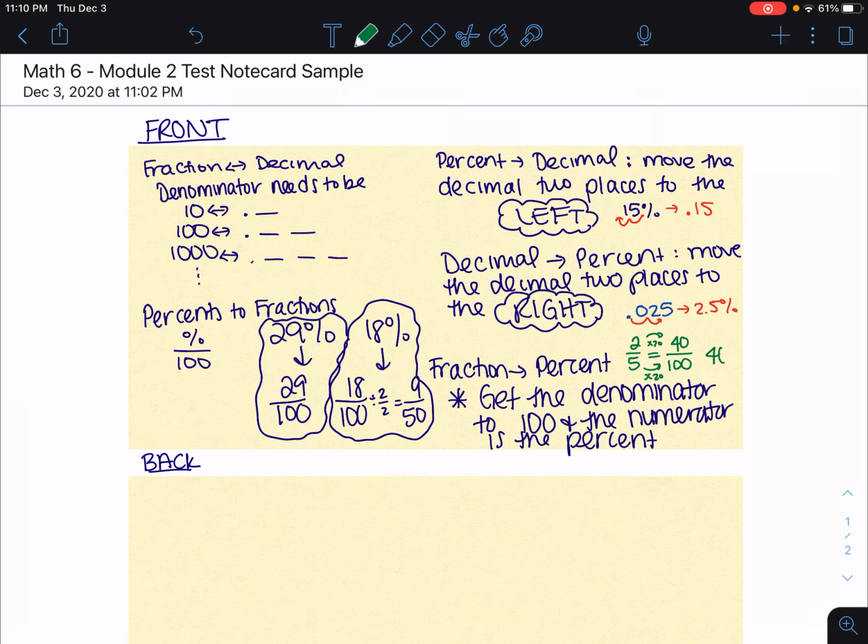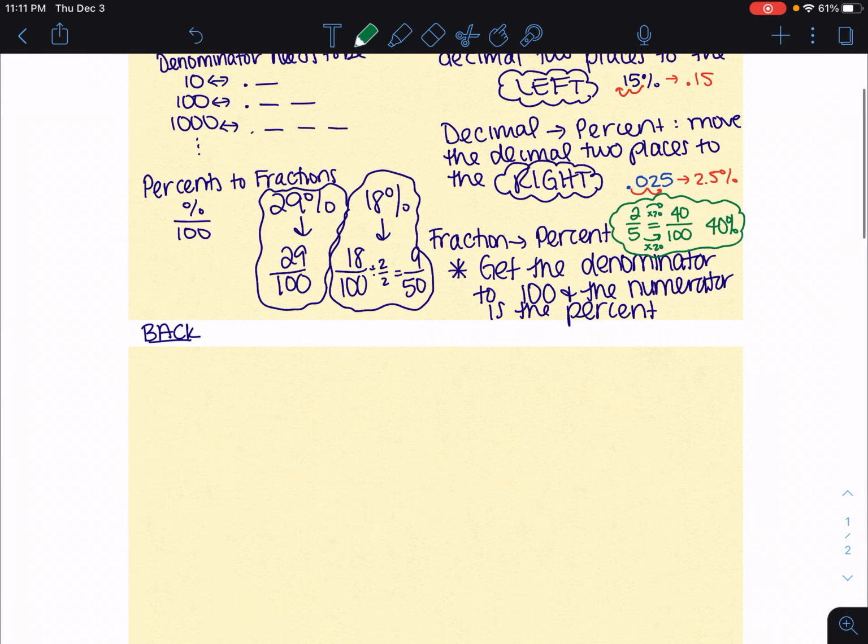So my answer would be 40%. Okay, so on this note card, you can include however much or little you would like. This takes that little tip sheet we had and puts it into this tiny condensed space. You may use that tip sheet on your test, so don't feel like you have to do this.